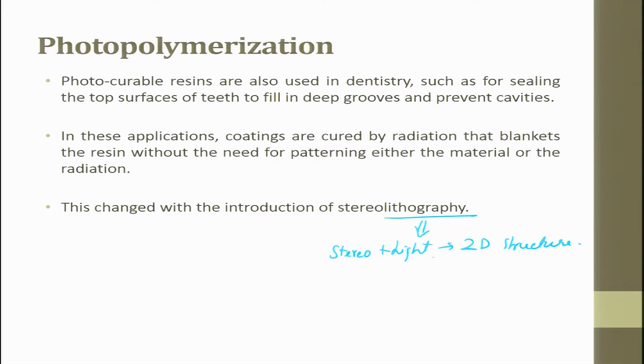Lithography means you have light exposed on top of a mask, and then you have some material, and the mask is getting transferred. You have a photopolymer, so because of the light exposure, you get this photoresin. On curing, it creates this structure.